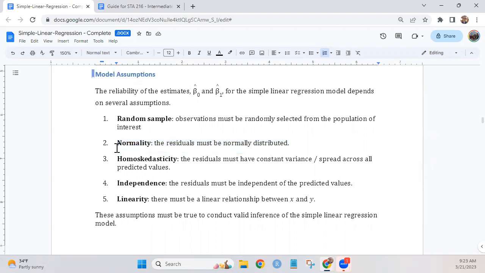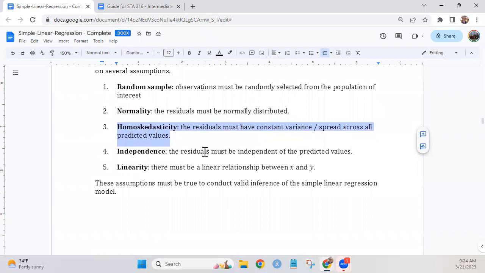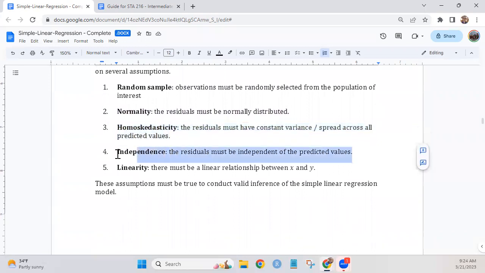There is a lot of confusion about that when you search online, but it's definitely the case. You cannot use the central limit theorem for normality. We really need those residuals to be bell-shaped. We need them to be homoscedastic, in that they have equal variances across the predicted values. We need the residuals to be independent of the predicted values. So this is a slightly new assumption that we didn't really check for ANOVA.